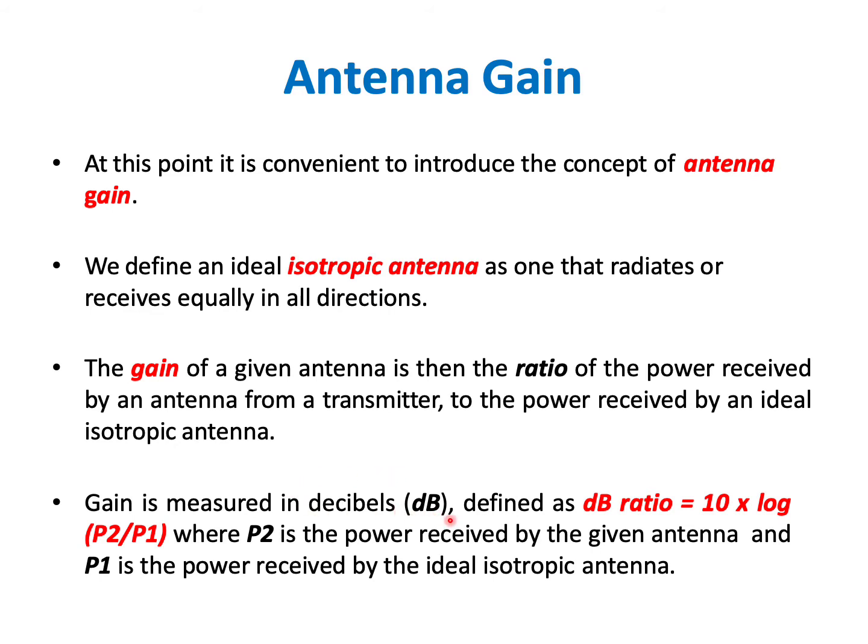Bell was named after Alexander Graham Bell, who invented the unit. So it's a logarithmic unit, the bell. So the gain ratio is defined in decibels as 10 times the log of the ratio of the two powers. Here P2, the numerator, is the power received by our antenna, and P1 is the power received by the ideal antenna. So this ratio is always going to be less than 1, because you're always receiving less power than theoretically possible.